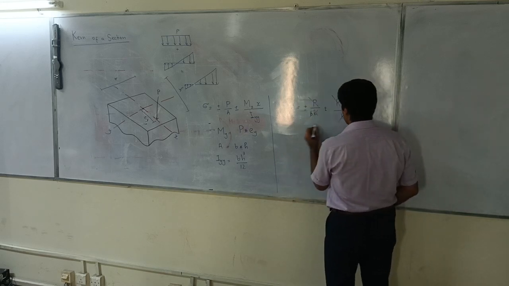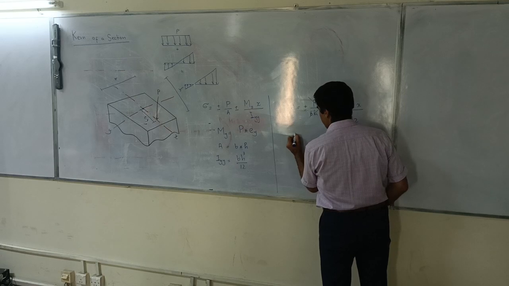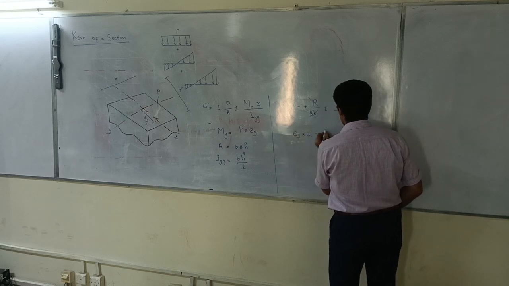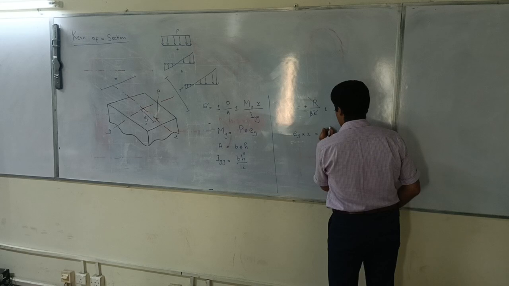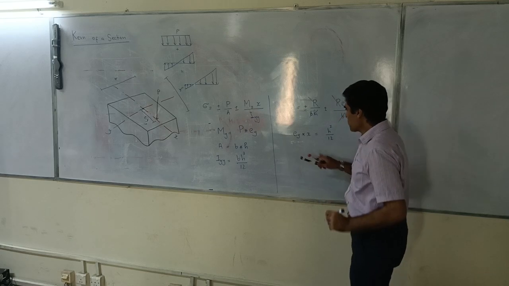So we get E_y into X is equal to H squared by 12.